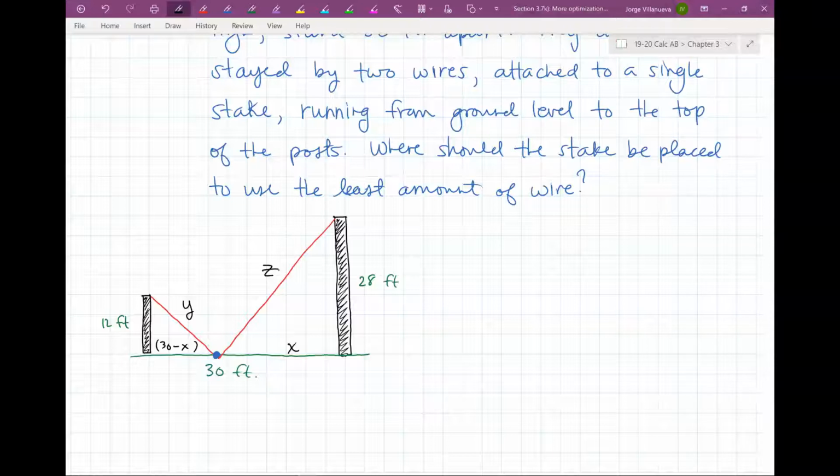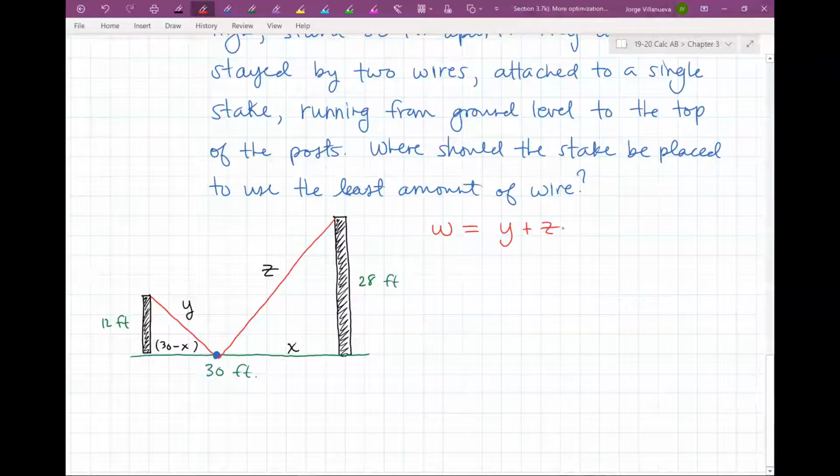So why don't we create a formula here for the wire? The wire is Y plus Z. Is everybody okay so far? I'm just defining variables because Y is going to change and Z is going to change if I start changing the position of that stake.